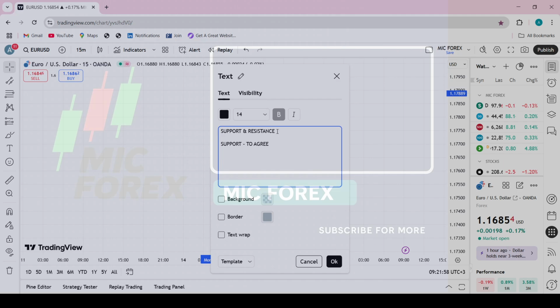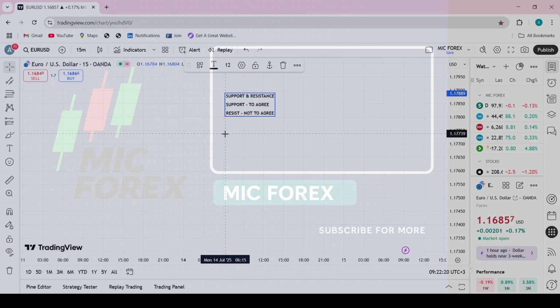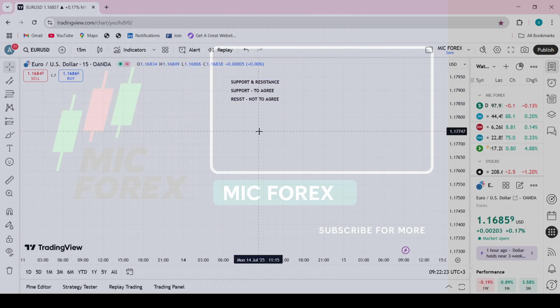What about to resist? I think this is the opposite. Resist, something like that. This one is not to agree. So these are two opposing terms that are being used by forex traders to be able to make a decision in the market.